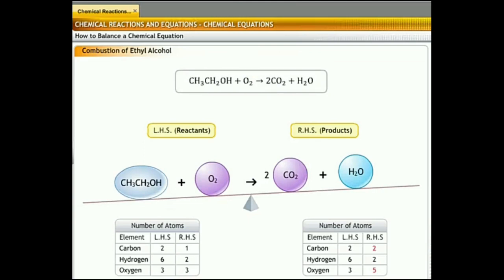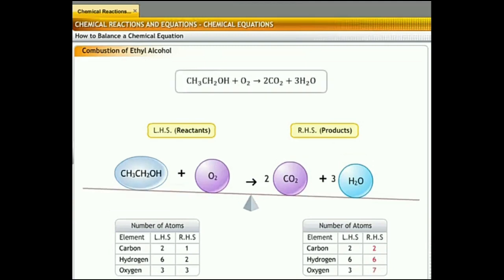Now you check: left hand side 2 carbon atoms, right hand side also 2 carbon atoms, it's balanced. Next we balance oxygen and then hydrogen. We count oxygen atoms and hydrogen atoms at both ends, and then finally the balancing is done. After balancing, check whether on both sides the number of atoms are equal or not, and then you can be sure that your equation is balanced.